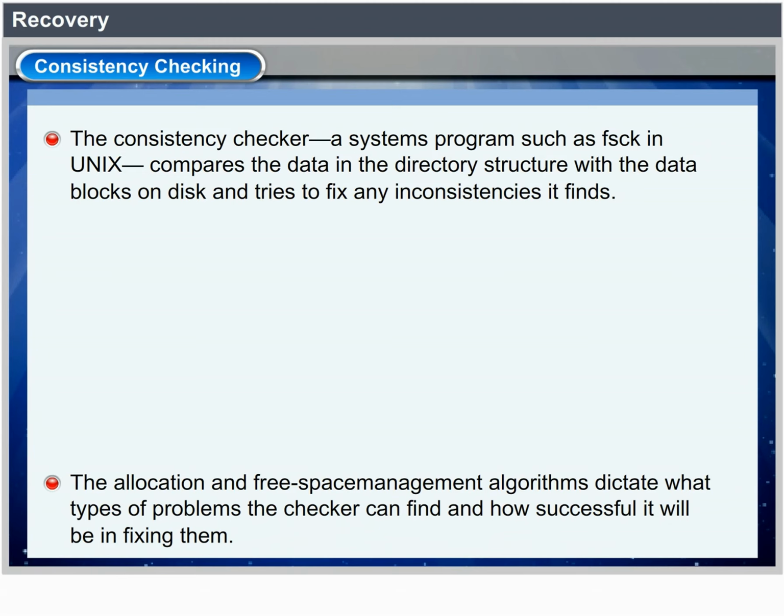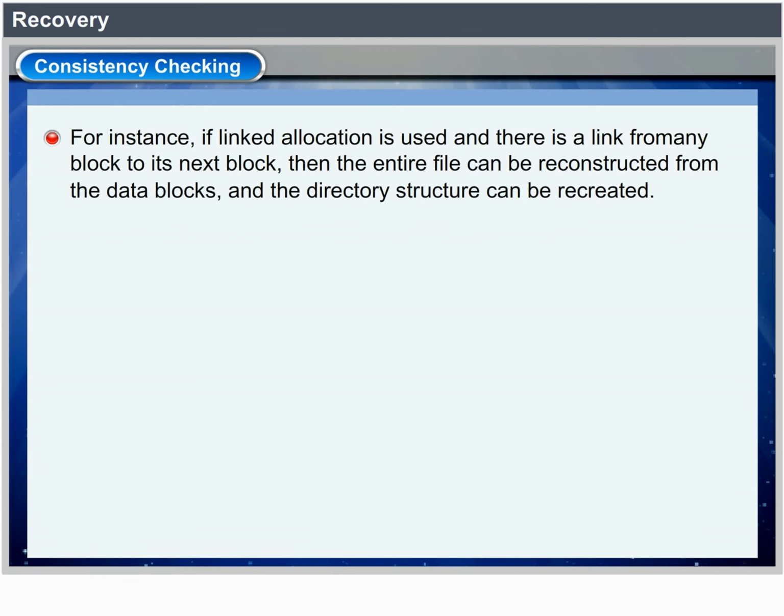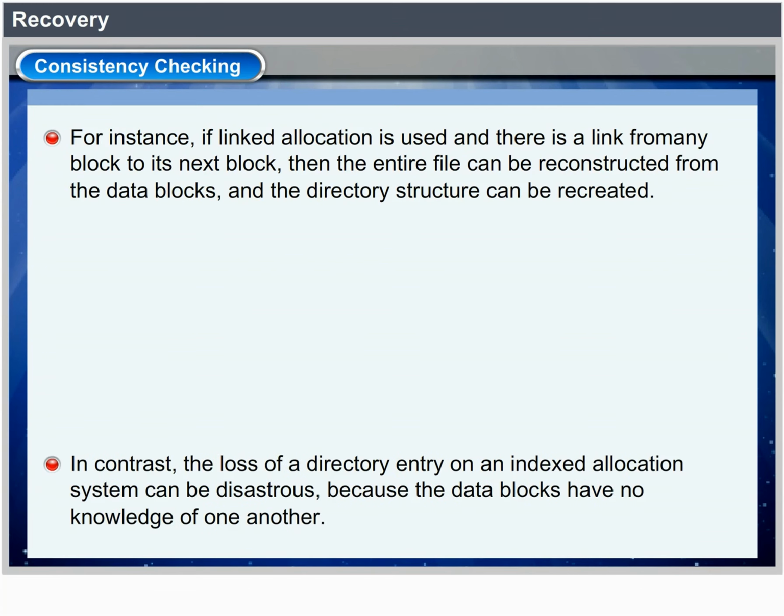For instance, if linked allocation is used and there is a link from any block to its next block, then the entire file can be reconstructed from the data blocks and the directory structure can be recreated. In contrast, the loss of a directory entry on an indexed allocation system can be disastrous because the data blocks have no knowledge of one another.